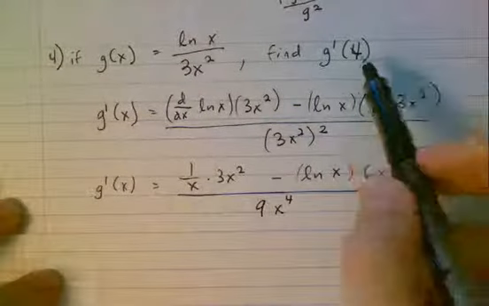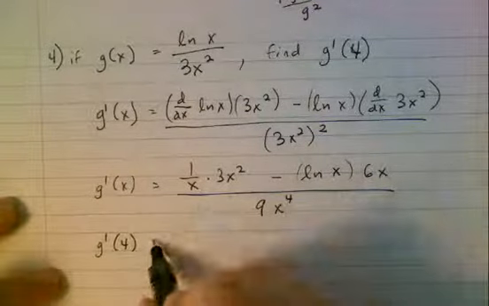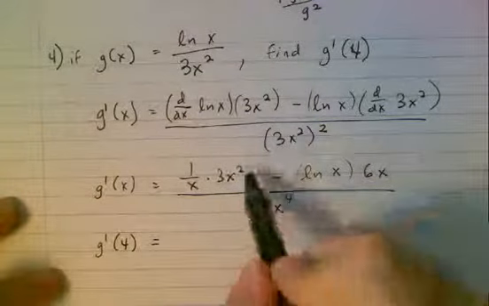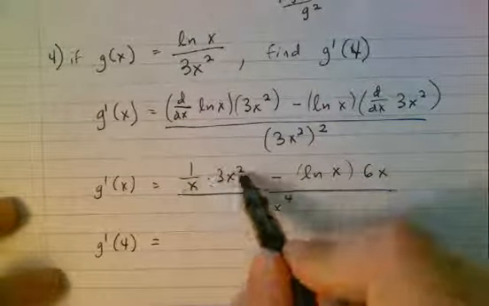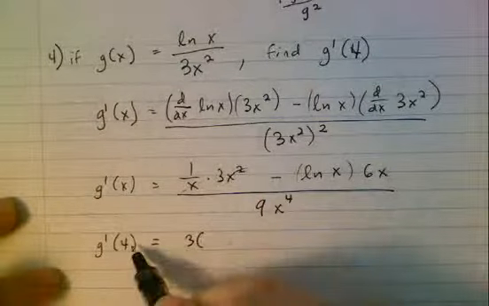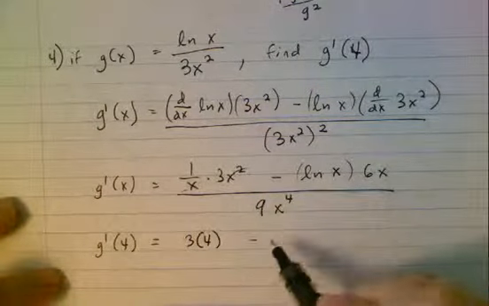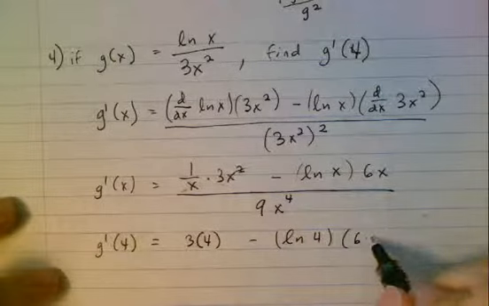Now we're ready to put in this 4 for x, so g prime of 4. We notice here that this can be simplified a little bit. This x cancels out one of the x's there, so this is just 3x. X is 4, so 3 times 4, minus the natural log of 4, 6 times 4.